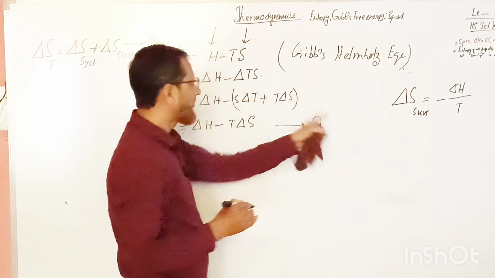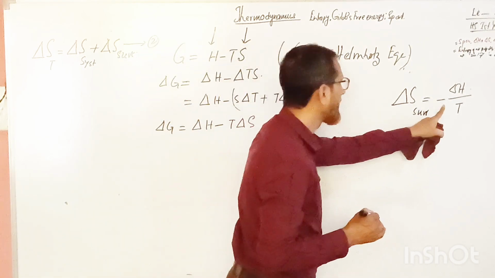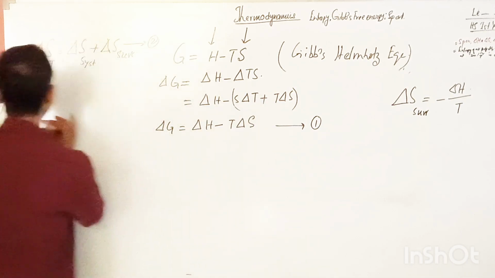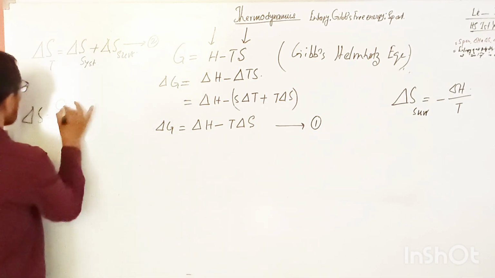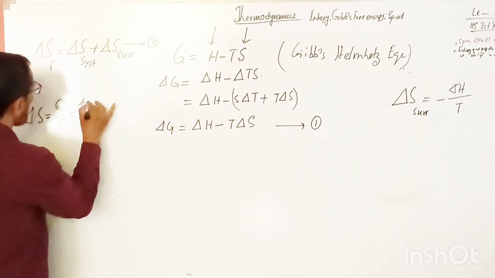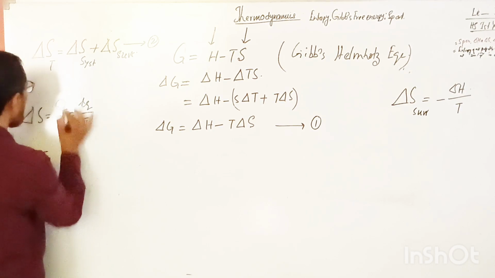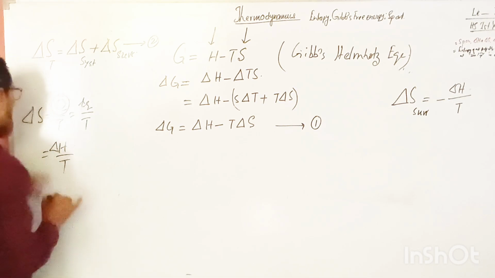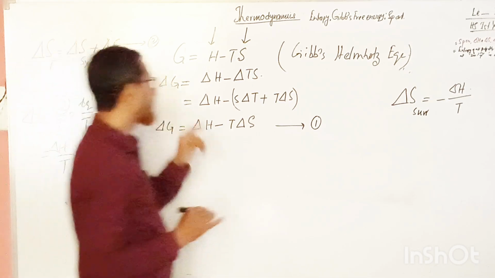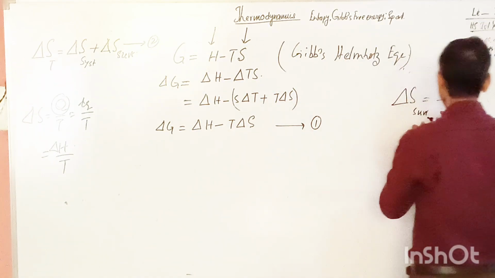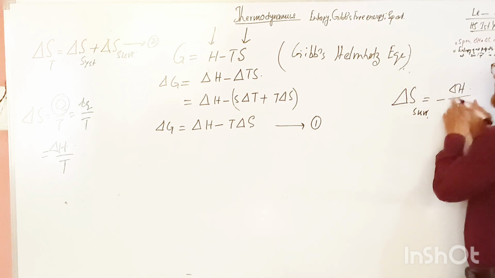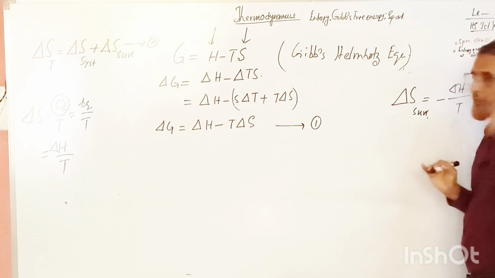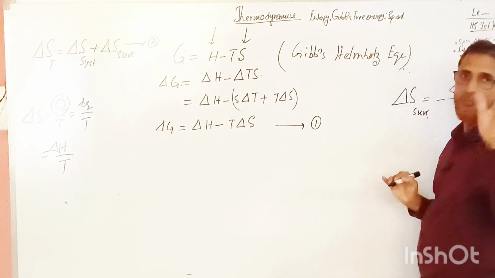So if the entropy of the surrounding is decreased, entropy may be written as q by T or dq by T, or in terms of enthalpy we can write change in enthalpy by T. So if you assume the entropy of the surrounding is minus dq by T, then the entropy of the system is plus, positive.